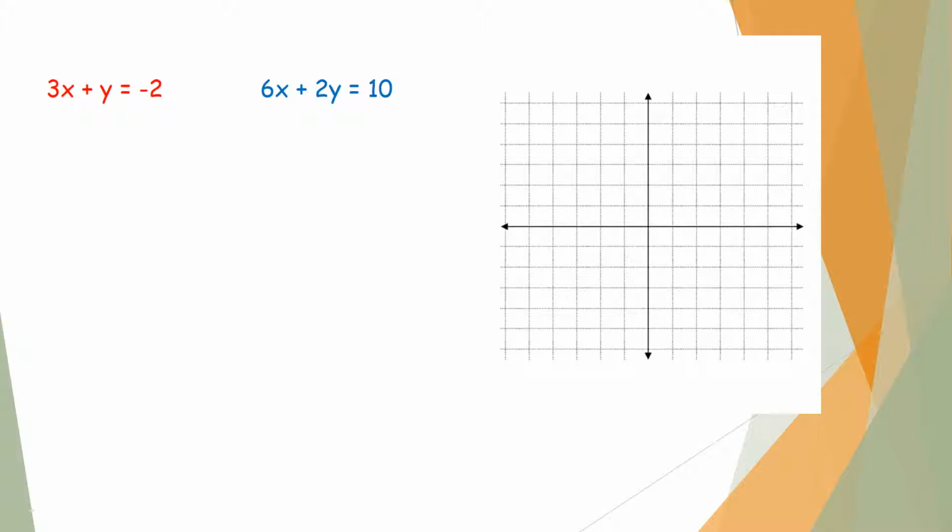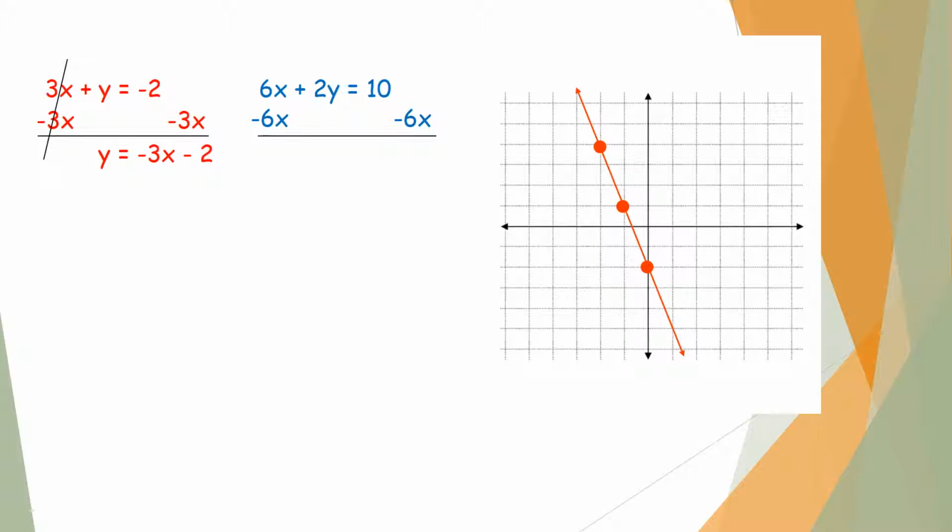Here's the next example. And again, we have to put both equations into slope-intercept form so we can graph them to see the solution to the system. We start by subtracting 3x from both sides of the equation, and we're left with y equals negative 3x minus 2. On the right side, I want to subtract 6x from both sides of the equation.